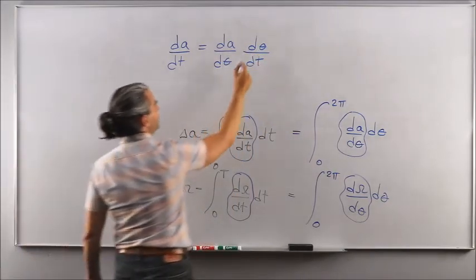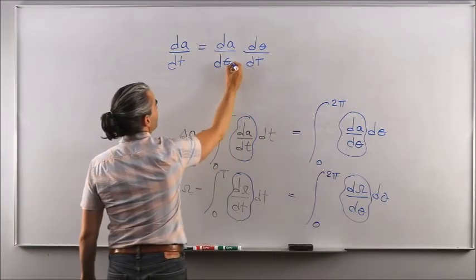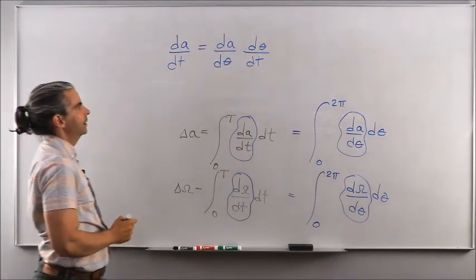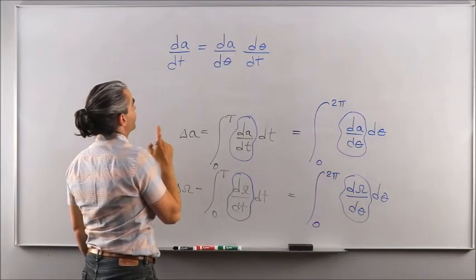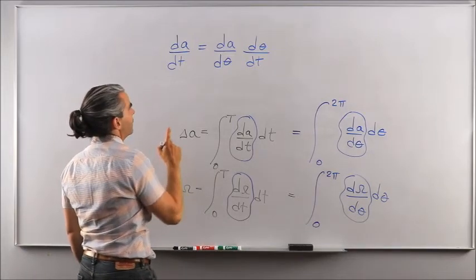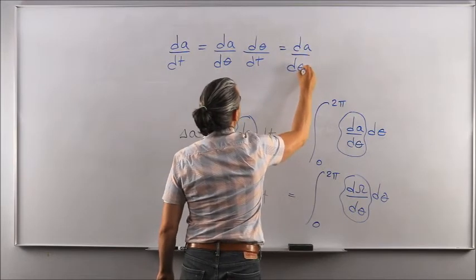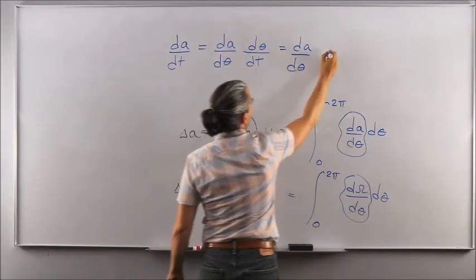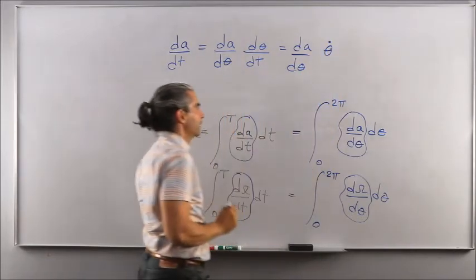Just cancel out the d theta terms on the numerator and denominator, and boom, you're back on your feet with dA dt. Okay, so what you're telling me is that this is dA d theta times, what is d theta dt? Well, that is just theta dot, the rate of change in our true anomaly.